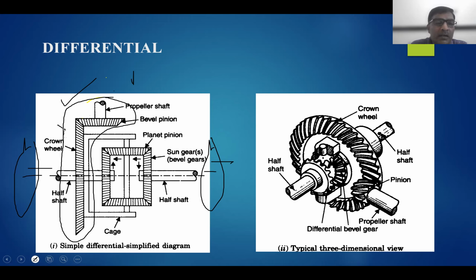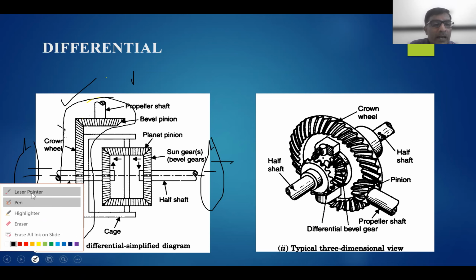This bevel pinion is meshed with the crown wheel, which is mounted on one of the half axles. Already, to differentiate the speed, we need to split the axle. We need to split the rear live axle, and accordingly it is split.